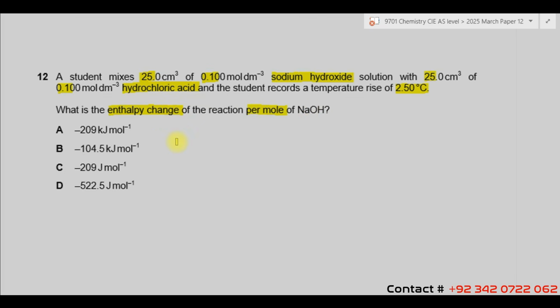Let's first find the number of moles. Volume and concentration are the same for both acid and alkali. Moles equal concentration into volume in decimeter cube, so 0.1 into 25 divided by 1000. Number of moles is 0.0025.